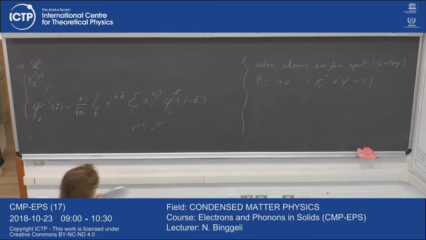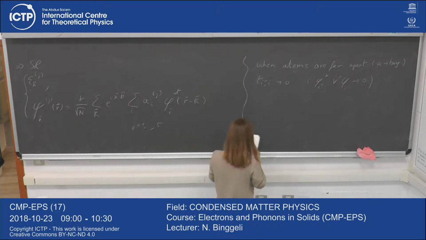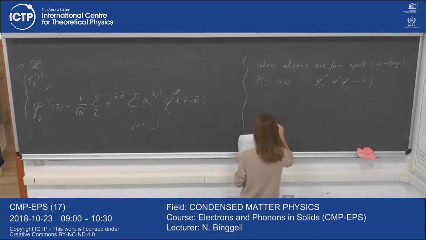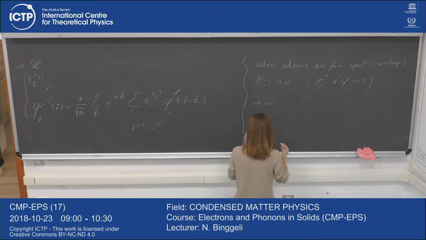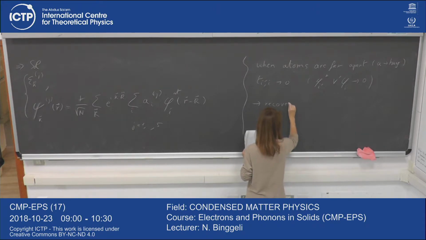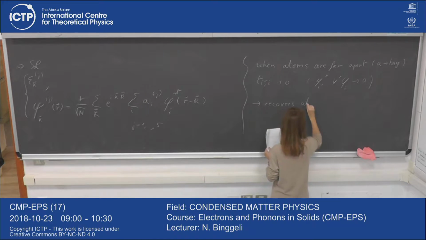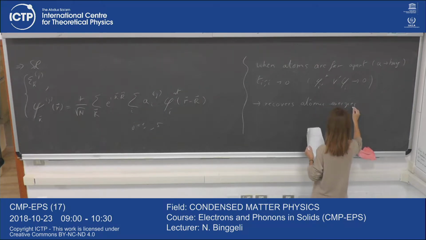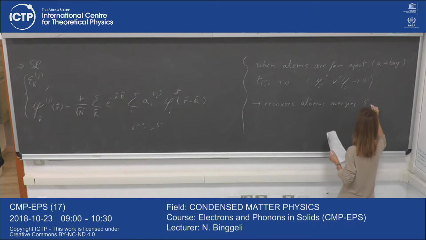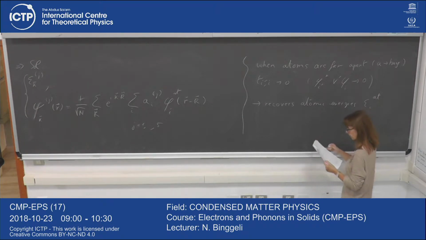So when the atoms are far apart, when A tends to infinity, when it becomes very large, one recovers the atomic energy. So one recovers the epsilon I atomic.